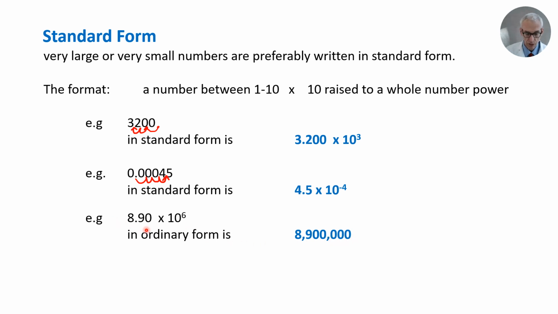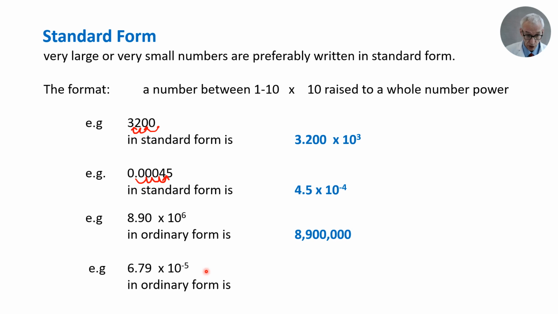So we've moved the decimal place to the right 6 times. So 8.9 times 10 to the 6 is 8,900,000. We've moved the decimal place 6 times to the right and inserted obviously zeros as space fillers.